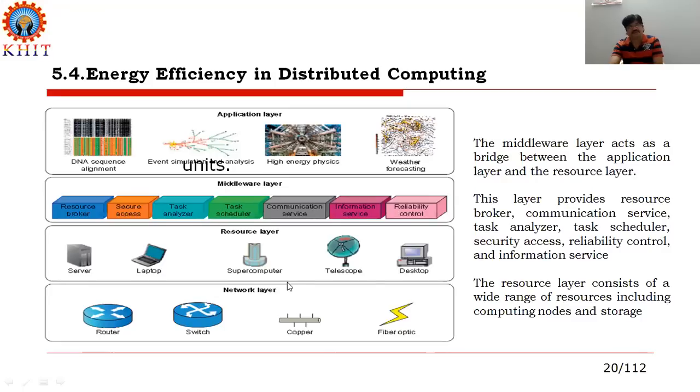In the network layer, if we are working on a network, what we see are network-related devices such as routers, switches, and fiber optics. What will the router do, what will the switches do, and what will the fiber optics do?